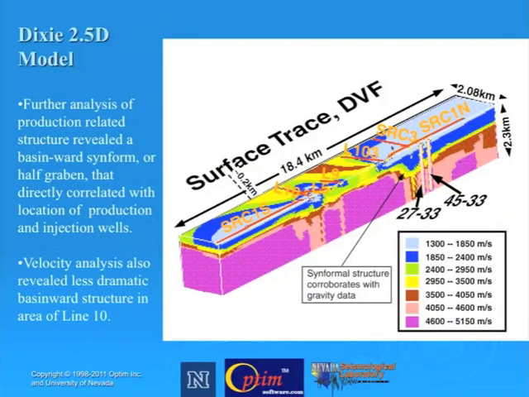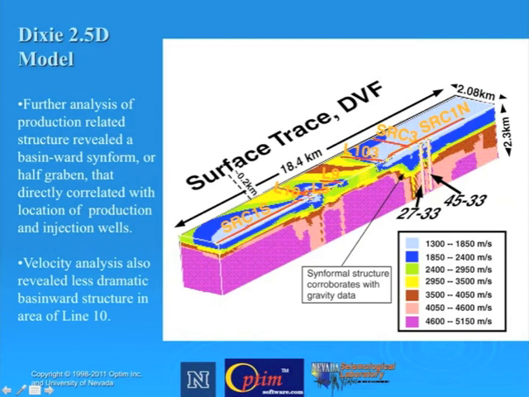And so by creating size-opt velocity models of all these different lines, we could put them together and interpolate velocities into a 3D volume in between the lines. And what we saw are these basin-ward synforms, with lower velocities to deeper depths.